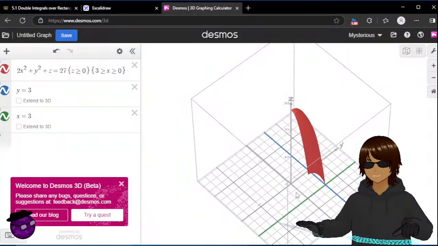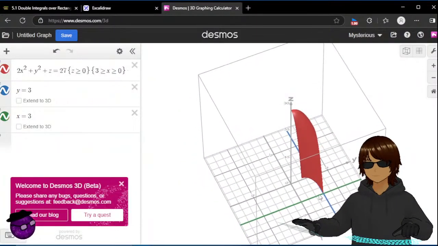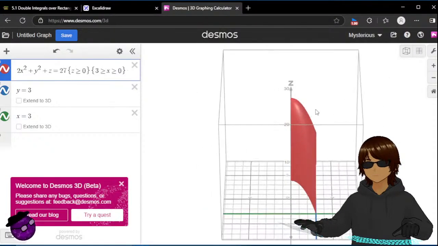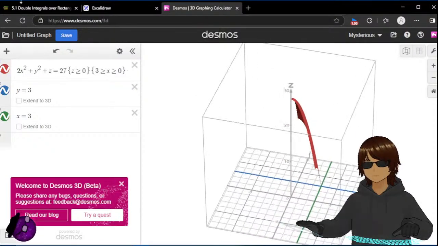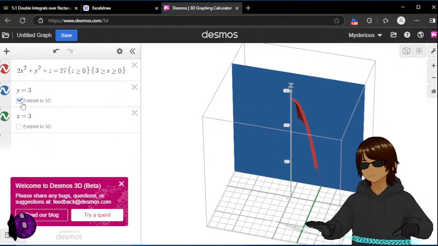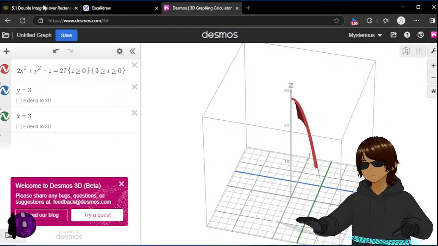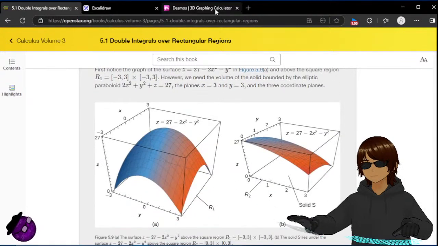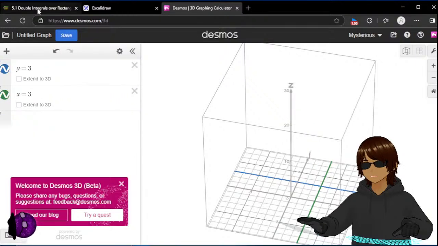So this is the square region and this is the upper part. This is the volume they want us to find. Never mind. Okay.